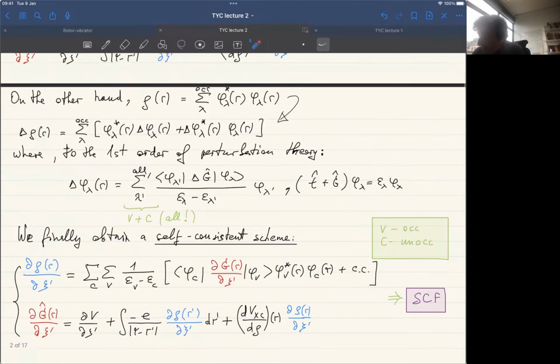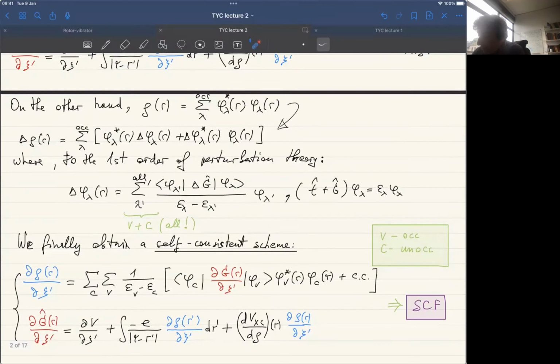Okay, so when you take this expression into here, you will find that, by the way, here we sum only over the occupied orbitals, right? But here we sum both over occupied and unoccupied orbitals.